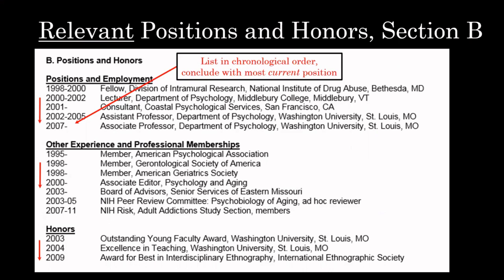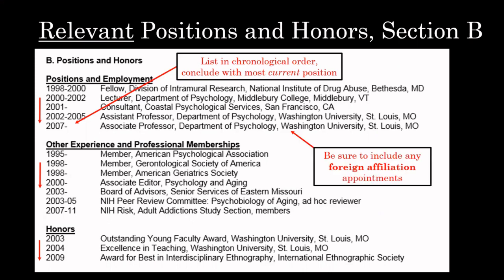Always list everything in chronological order going down. And be sure to include any foreign affiliation appointments. If the faculty member has an appointment at another university or at another foreign institution, this is always very important to list so we can have full disclosure with NIH.